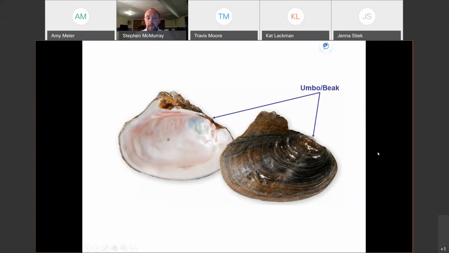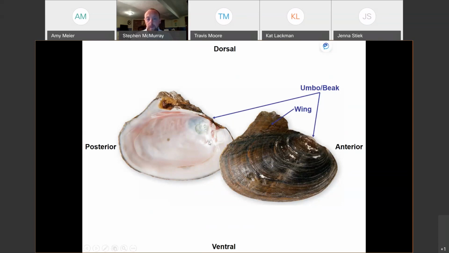Umbo and beak, again, give us our orientation. And then there's this structure called the wing. There are a number of species that have a wing developed on the shell. This is an extension of the periostracum that actually grows over the shell. A group called the heel splitters have these.